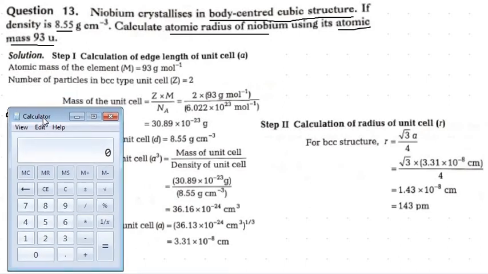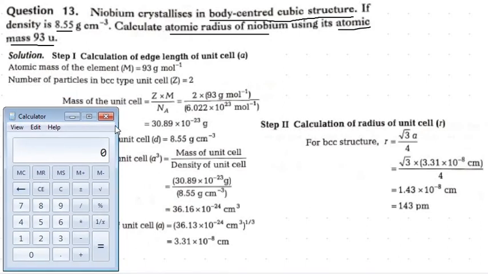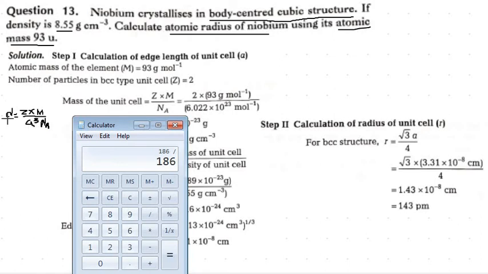You can directly calculate: Z is equal to 2 because it is body centered. So 2 into atomic mass 93, which is given in the question, is 186, divided by the density, because D comes down and A cube goes on the left hand side.